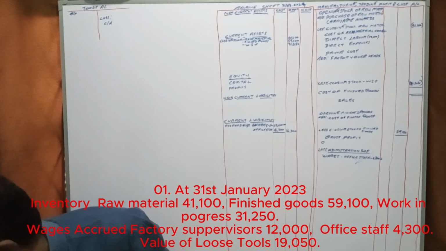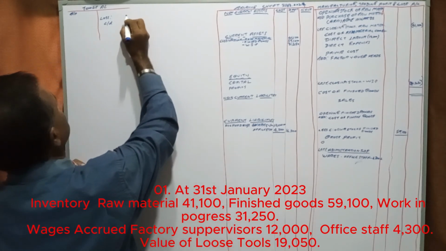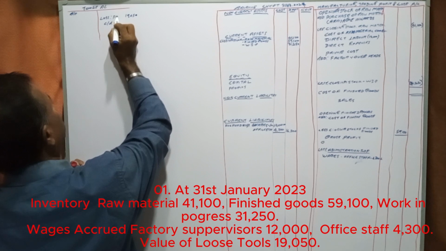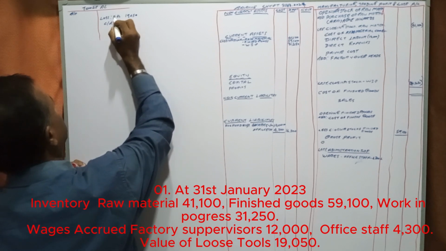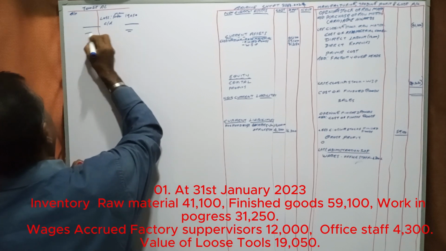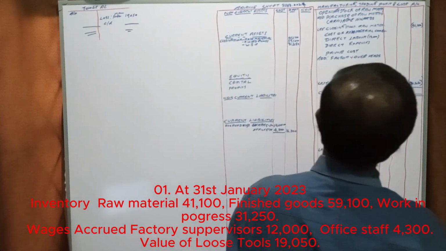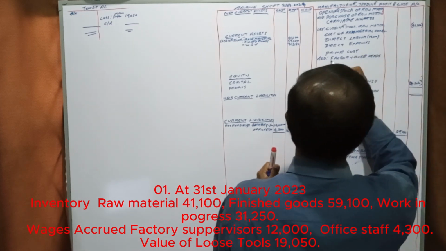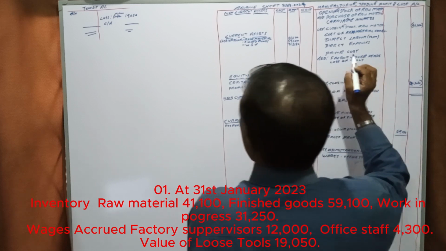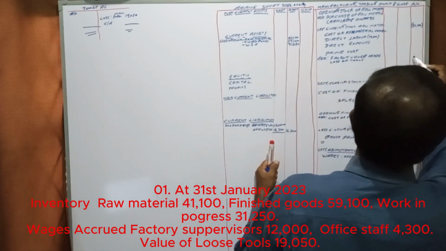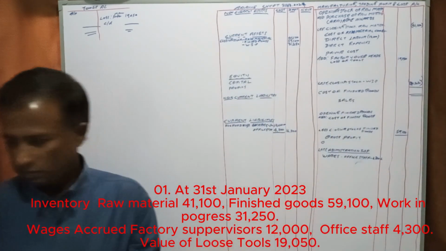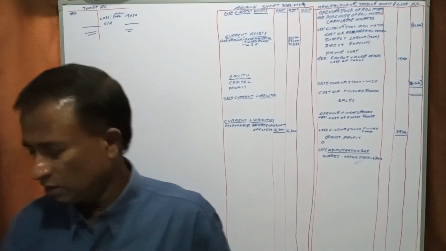Loss how much? 19,050. This goes to the manufacturing account, loss of tools, 19,050. We have put it there. So the first adjustment is over.